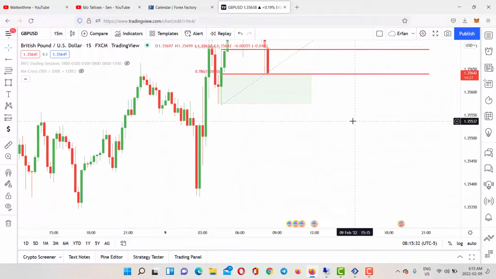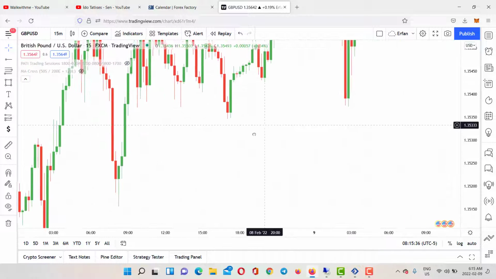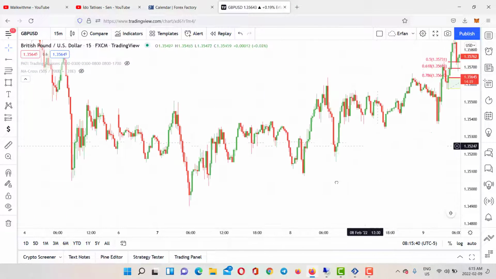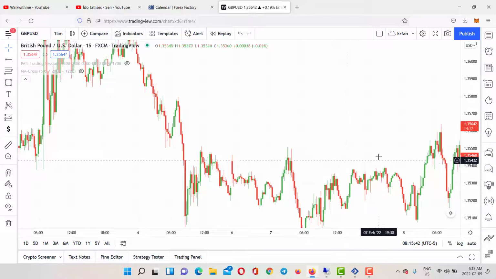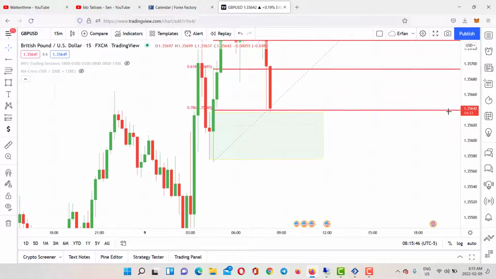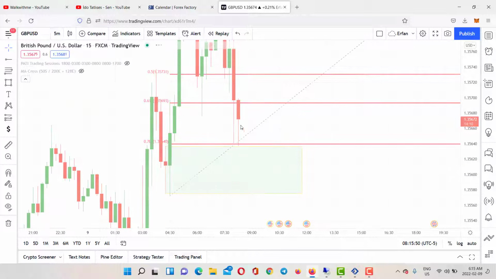So it's probably trying to do a little bit of correction. After that, it probably goes up again, but the Fibonacci didn't get respected. And today's Wednesday. Wednesdays are usually really choppy, guys. You need to be careful with that.